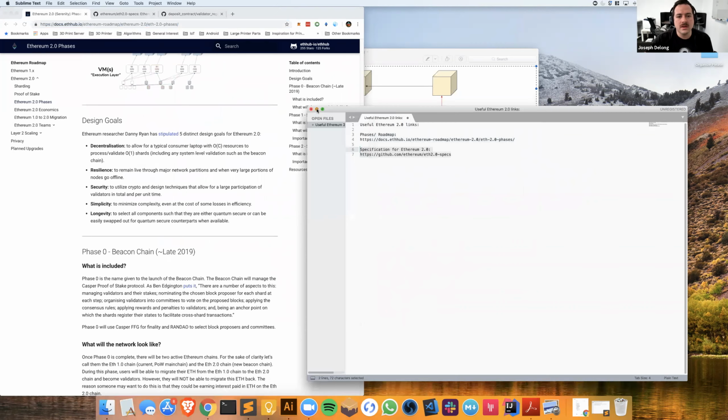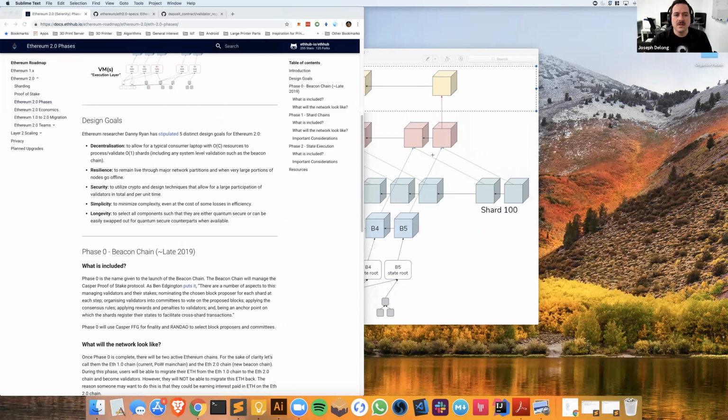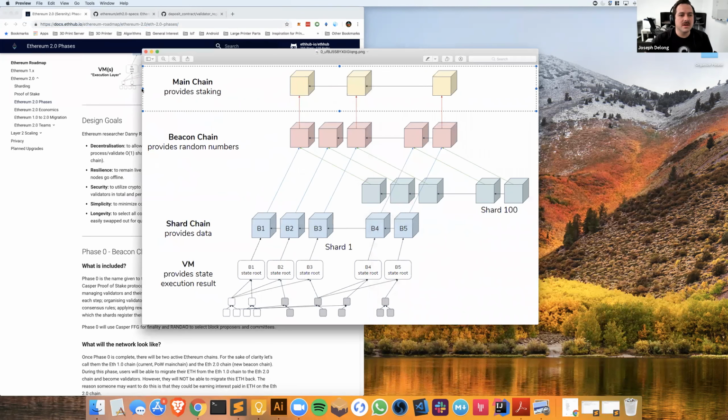So I understand that proof of stake is somewhat controversial, but I think there's a way we can work together on this, because it's not entirely necessary to eliminate proof of work in a Casper FFG style consensus.